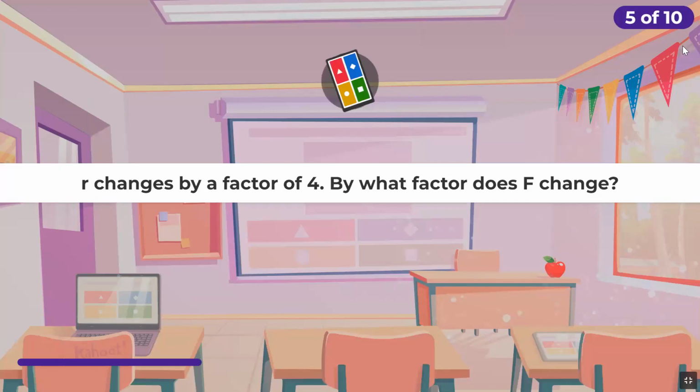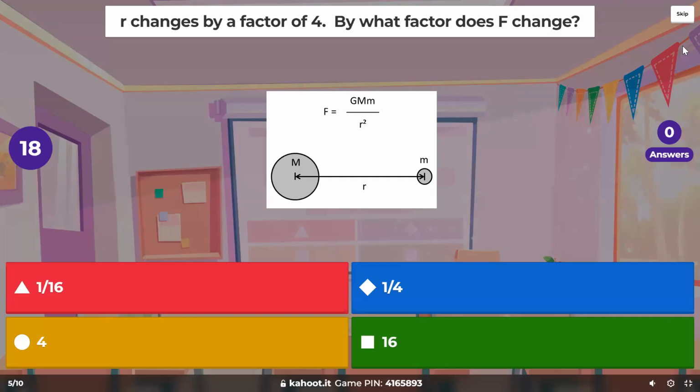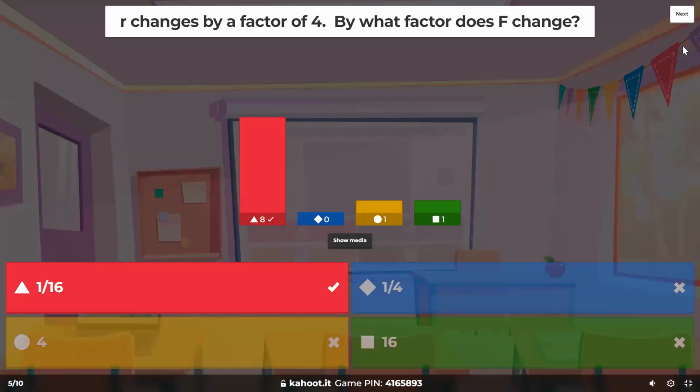What if you quadruple the distance? What happens to the force? Quadruple the distance. You're real far away from each other. What is 1 over 4 squared? 1/16, right?